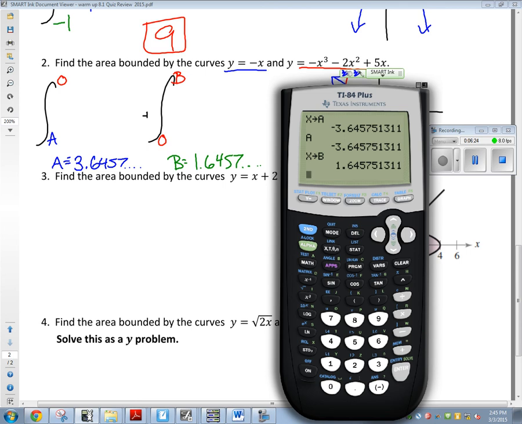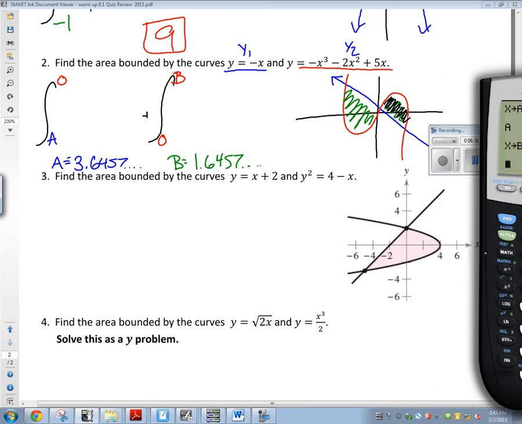This was my y1 equation. This was my y2 equation. So as I set this up, in the first part here, the top line is the blue line. So I'm going to start with y1, and I'm going to subtract out that second equation, which was y2.